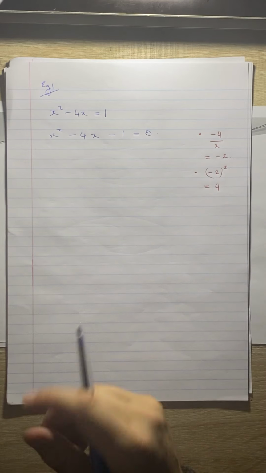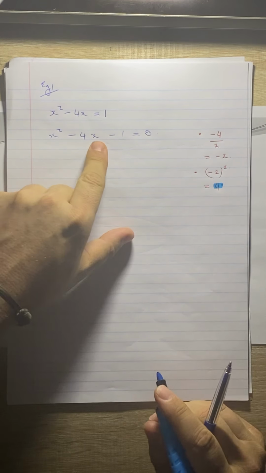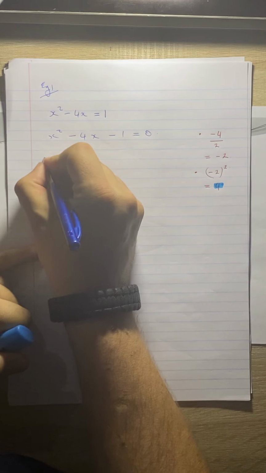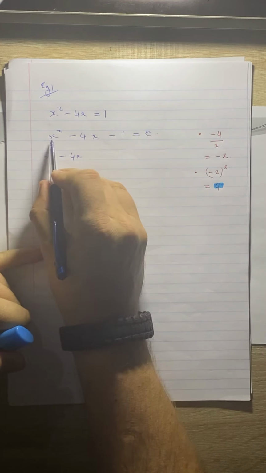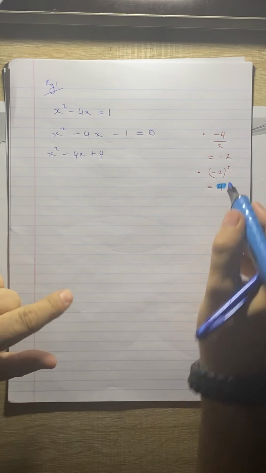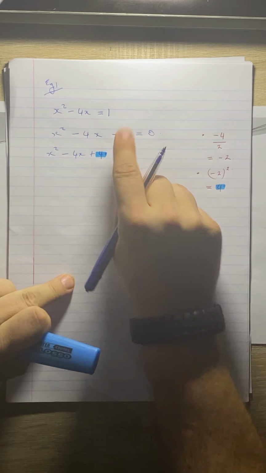And what I'm going to do with that 4 is add it into this. So we get here x squared minus 4x. I'll just write those two down. Then I add this bit in here, plus 4. Okay, so that came from there. Then we've got this minus 1.